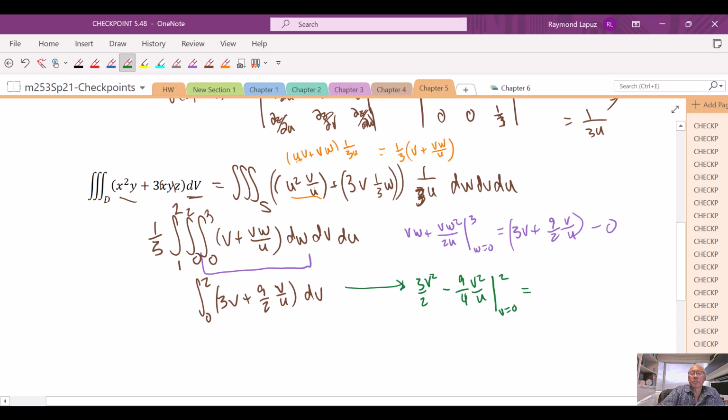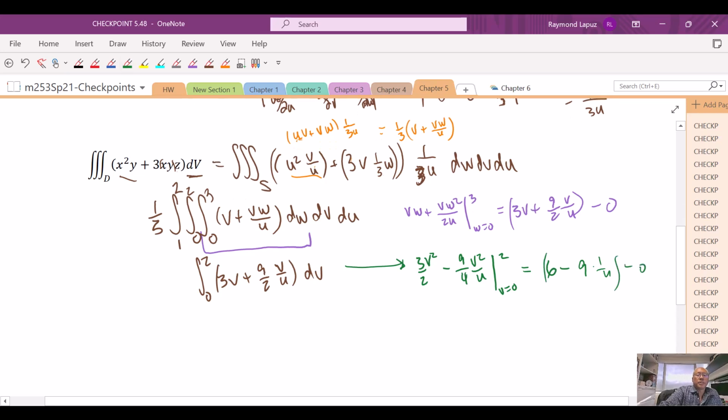So again, zeros go away. We put 2 in here, we're going to get 4, cancel with a 2, so that's just 3 times 2 is 6, minus, and then putting in another 4, that's 9 times 1 over u, and then 0 for the second part of your FTOC.